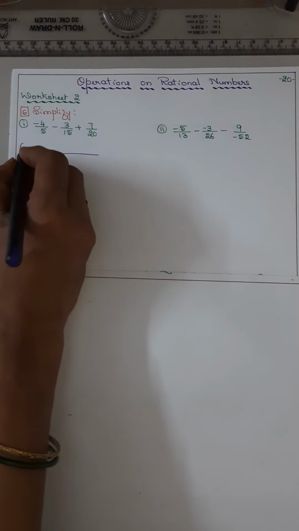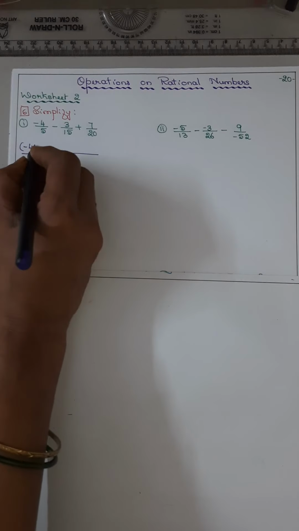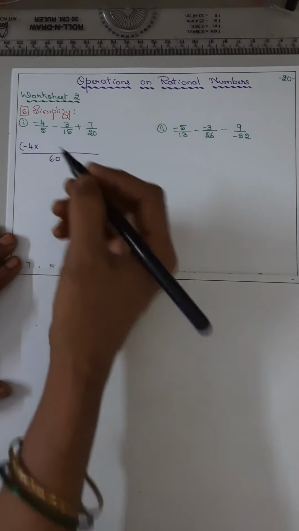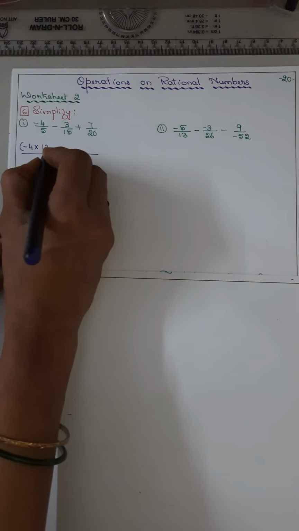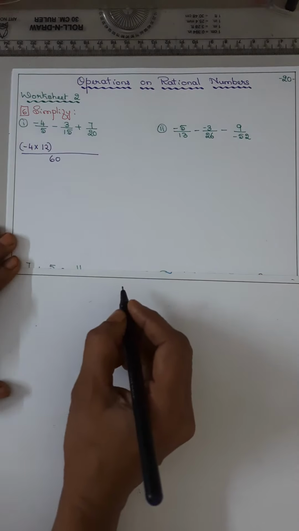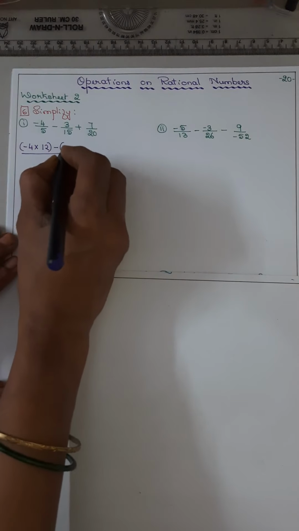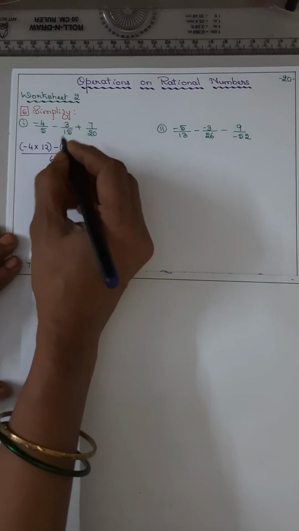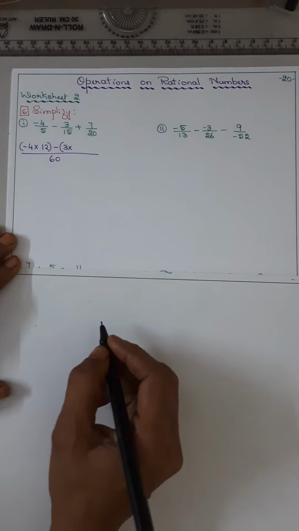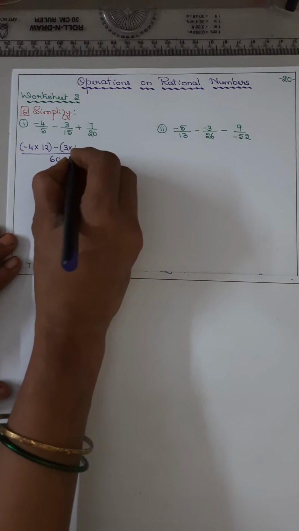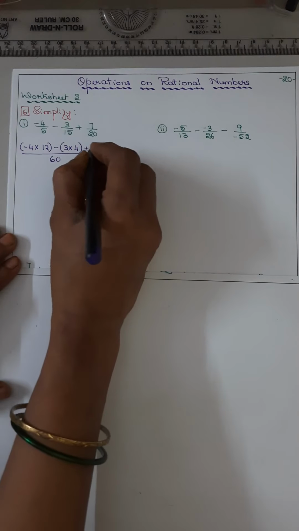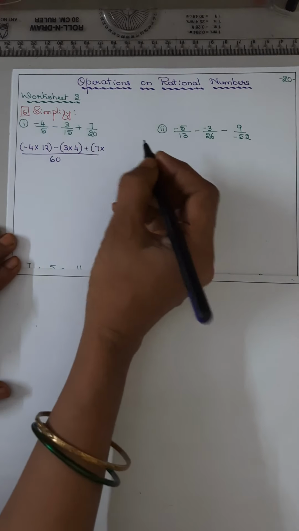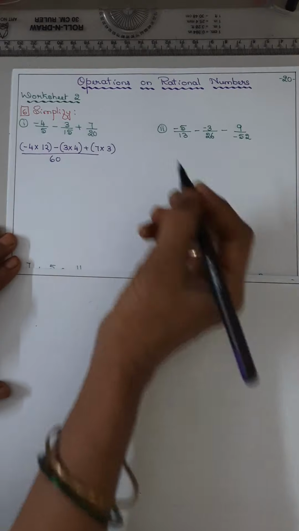सो न्यूमरेटर -4 into 5 how much are 60? It is 5 12s are 60. Minus 3 into 15 how much are 60? 15 4s are 60, है ना? प्लस 7 into 3s are 60.